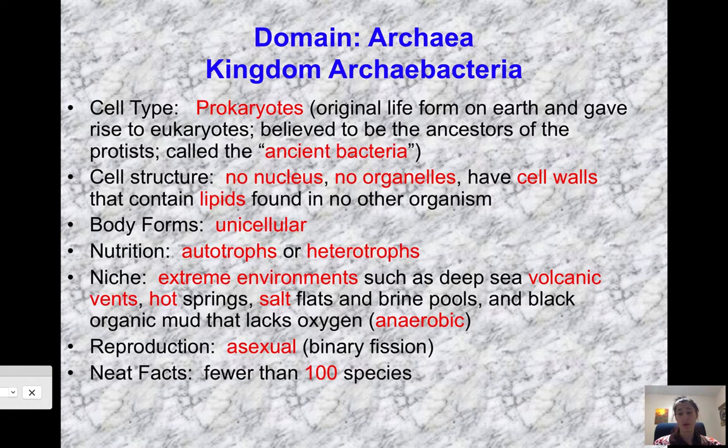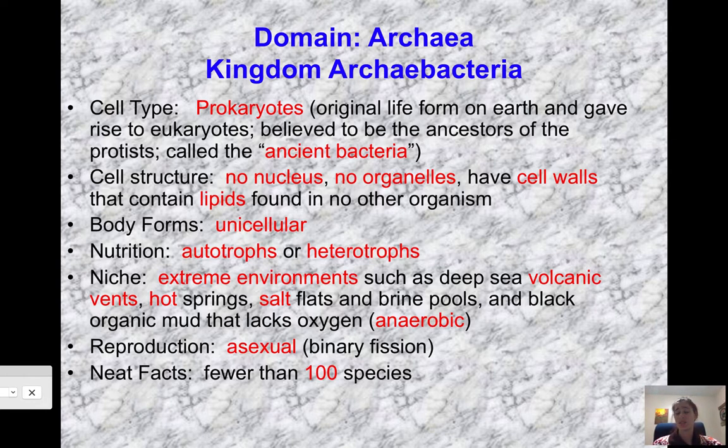Okay, they're prokaryotic, and if you remember from biology, prokaryotes are organisms that don't have a nucleus, and usually don't have many organelles, save maybe some ribosomes and some genetic material. So just remember that these are your bacteria, which are usually going to be prokaryotic organisms.